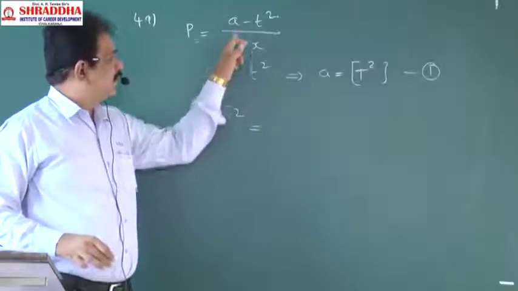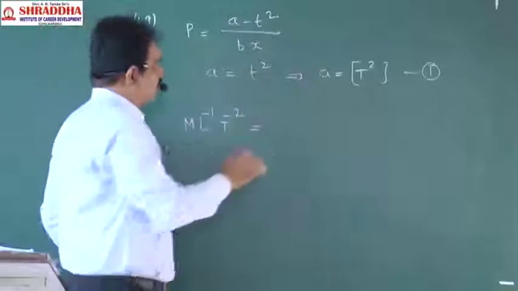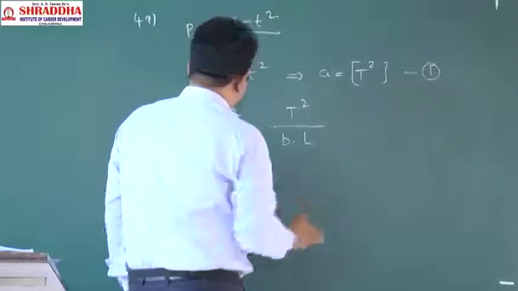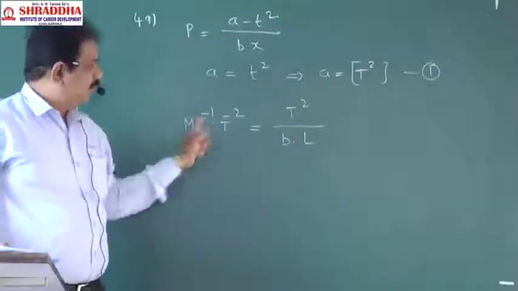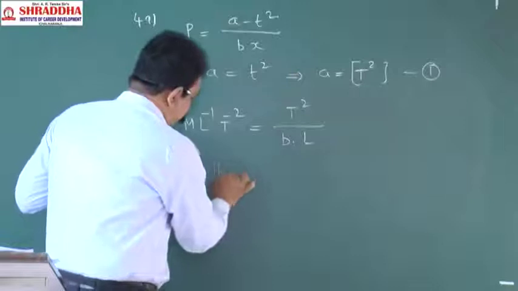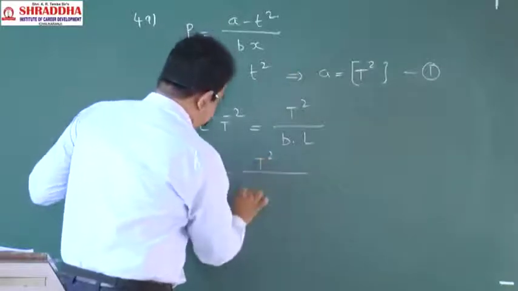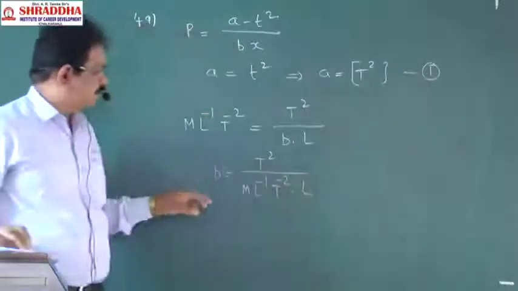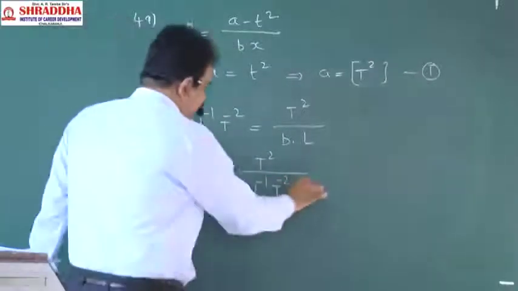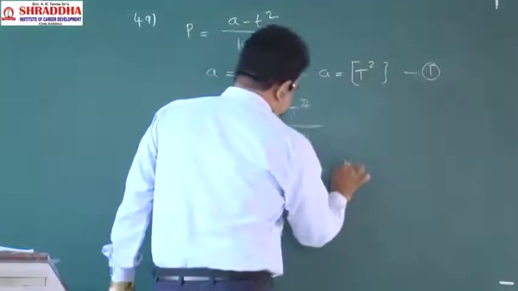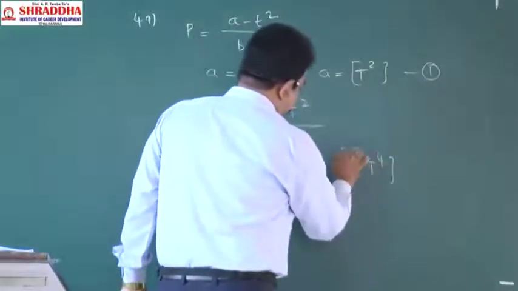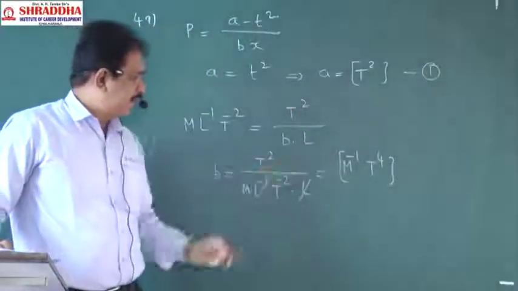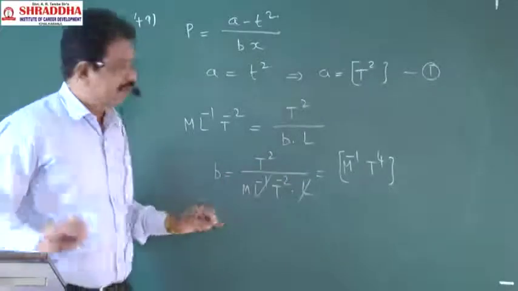A minus T square means A and T square will have the same dimensions. So it will be T square. This will be B into L. You bring this B to this side. So T square by M L power minus 1 T power minus 2 into L. L will cancel. So M power minus 1 T power 4. M power minus 1 T power 4. That is the value of B.